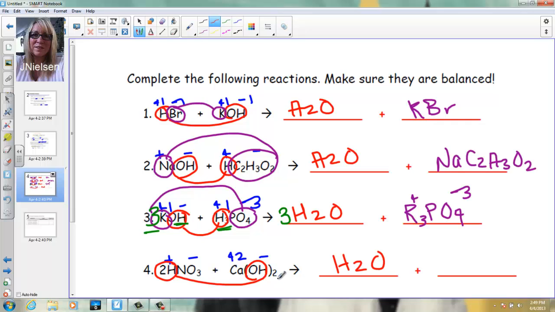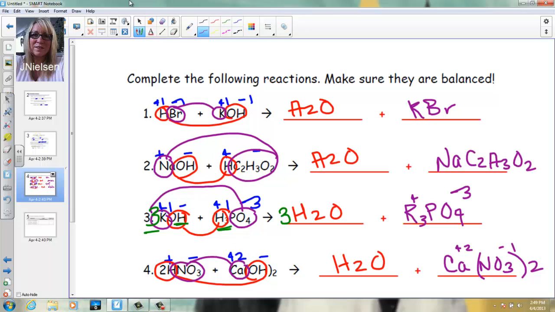The subscripts are there because of what it combined with on the reactant side. And my Ca is going to hook up with my NO3, but my Ca has a +2 charge, and my NO3 has a -1 charge, which means when I drop and cross, this goes in parentheses, and I have Ca(NO3)2.